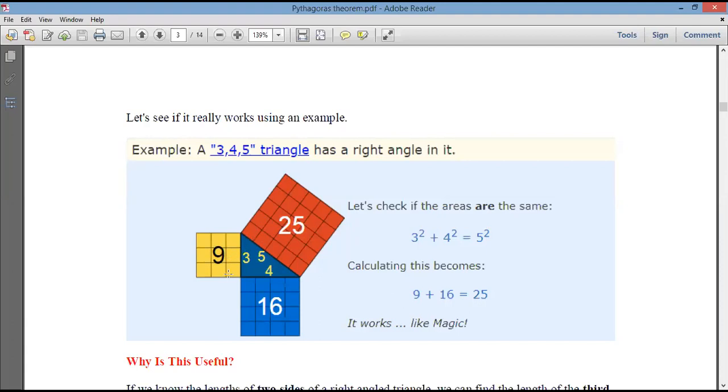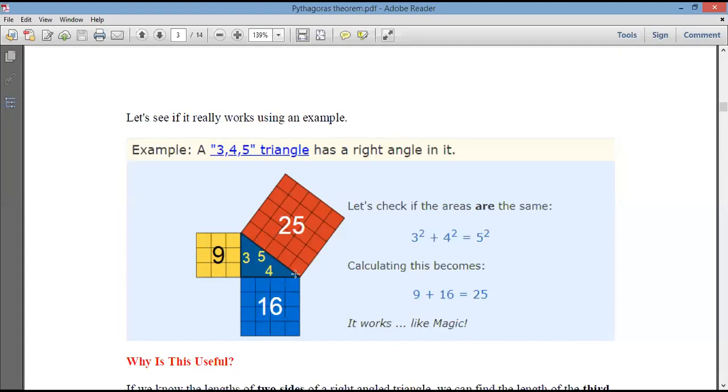Then you just try. Since this side is 3, the area of square A will be 9. Since the length here is 4, the area of this square will be 16.